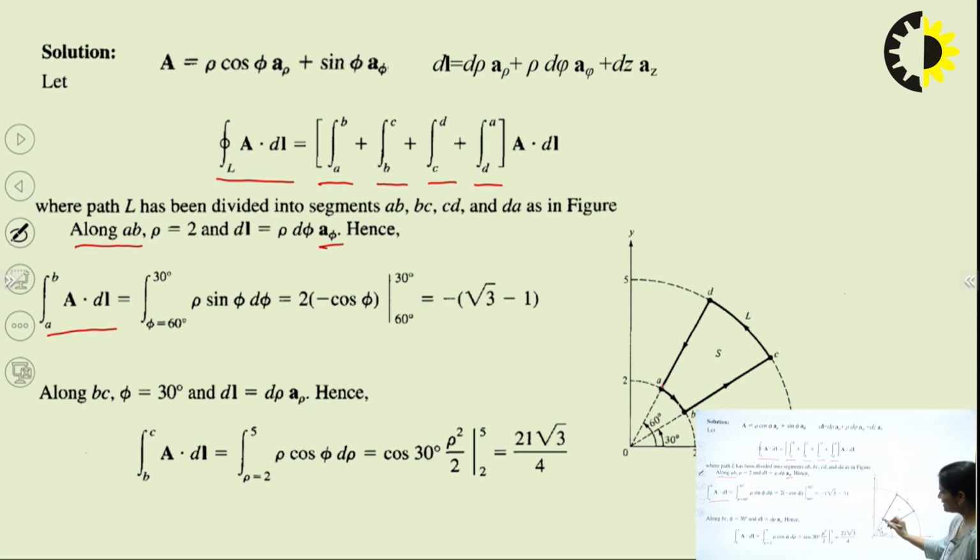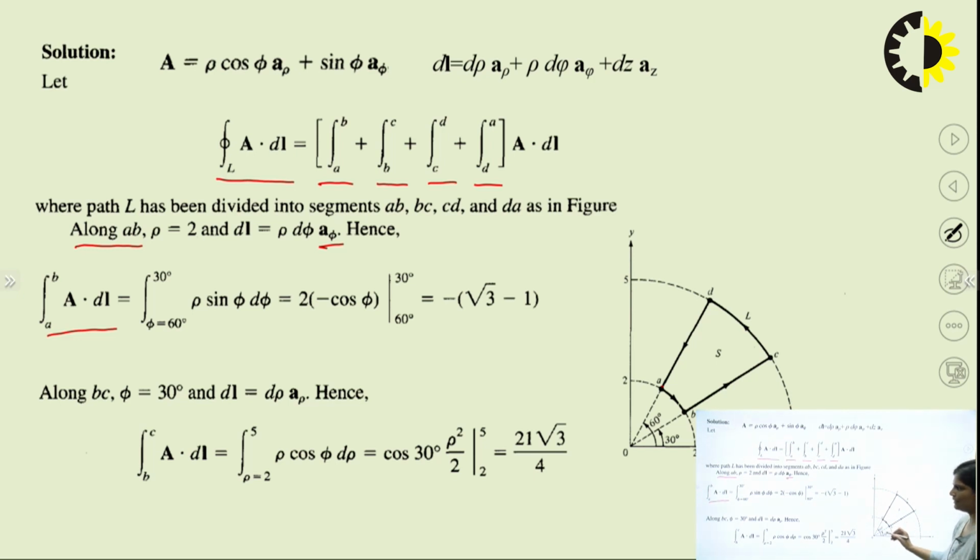So your angle is 60 degree at this point, and your angle is 30 degree at this point. When you are taking A to B, so 60 degree to 30 degree. Write down here limits for phi, 60 to 30 degree, and write down here rho sin phi d phi. Okay, how we can write down rho sin phi d phi?